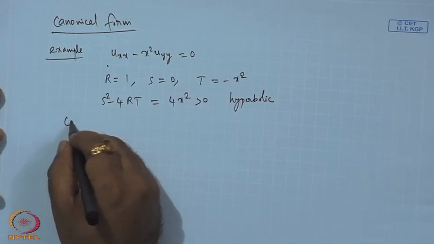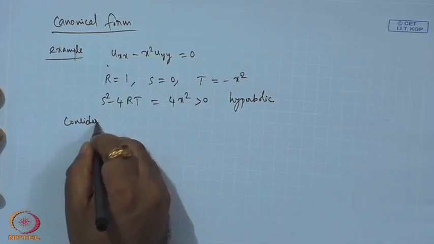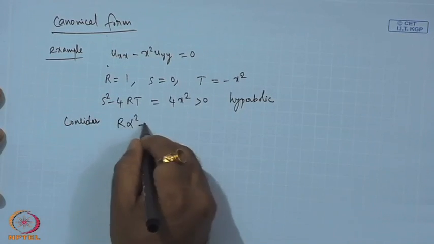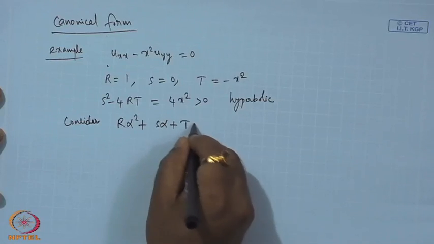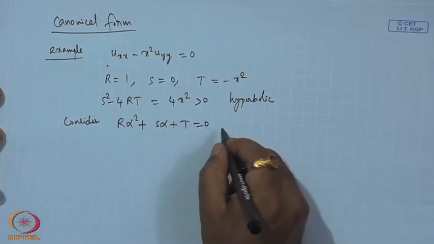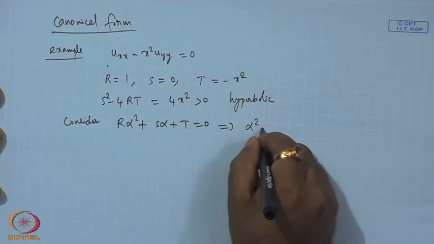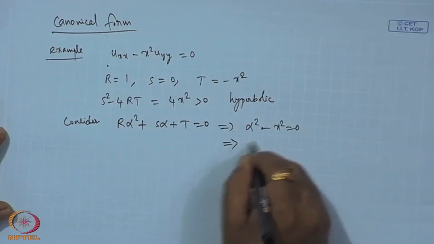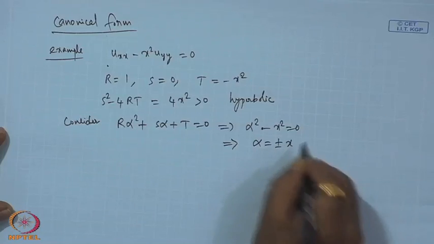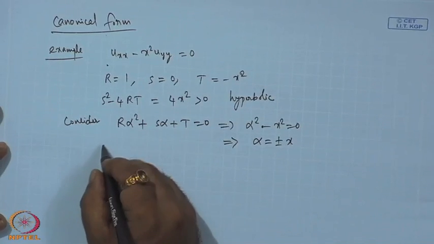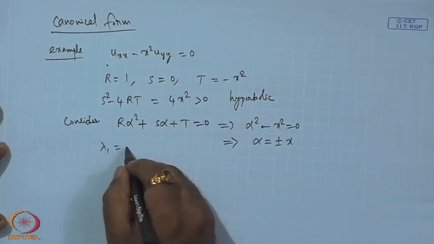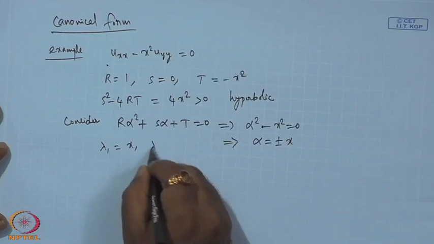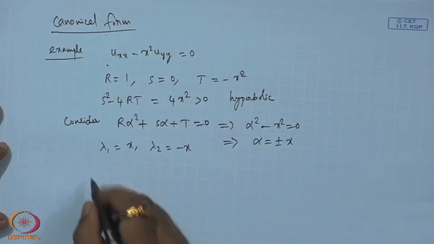So, now consider alpha square, so let the roots lambda 1 is x and lambda 2 is minus x.